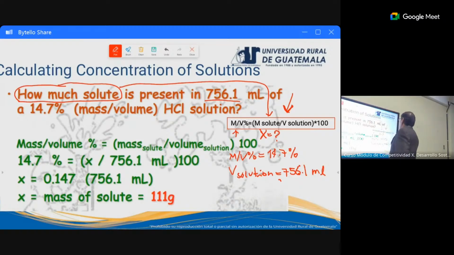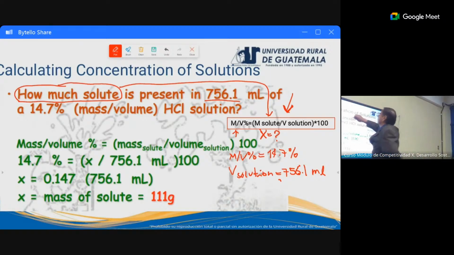So now we have all our identified data, and we need to substitute all the variables here using these quantities and solve the problem.